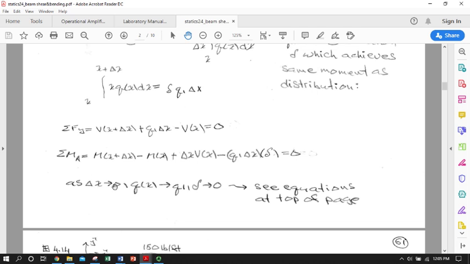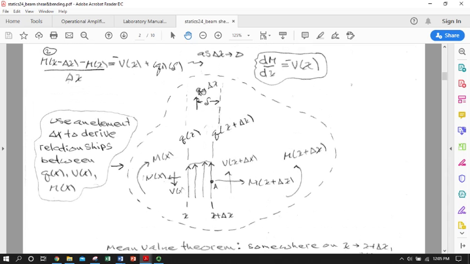Well, as it happens, as delta x gets really, really small, the average value of that distributed load times this position, delta, also goes to 0. You can think about this position as being some fraction of delta x. It represents where within delta x we are applying our average position.